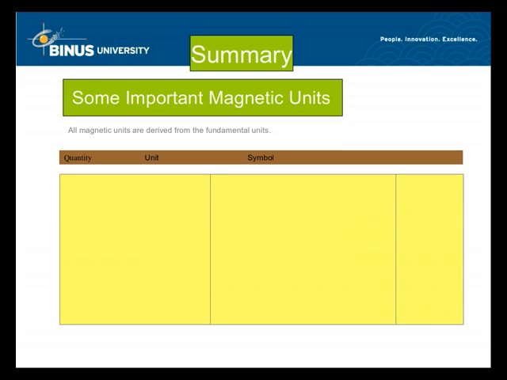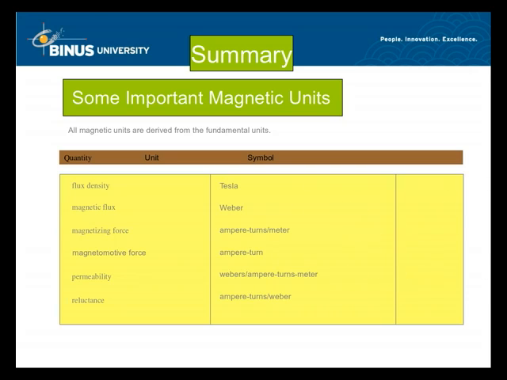But before that, we'll study about magnetic units. You'll see this in the table shown here. The flux density, magnetic flux, magnetizing force, magnetomotive force, permeability, and reluctance. Tesla is the unit for flux density.